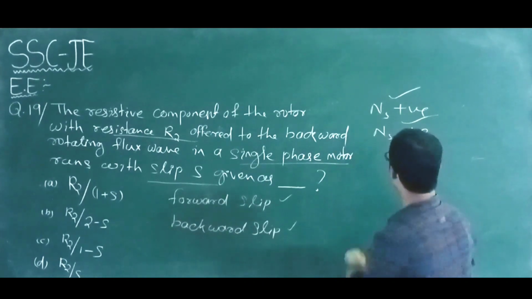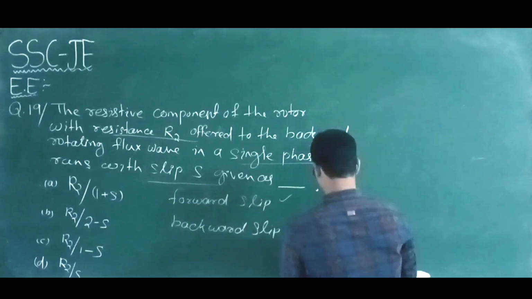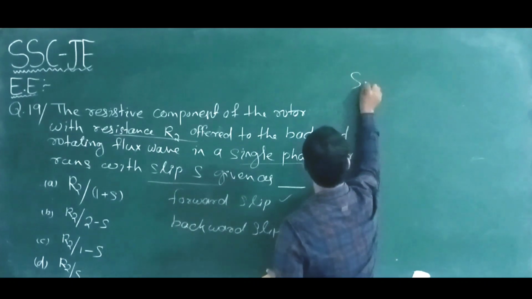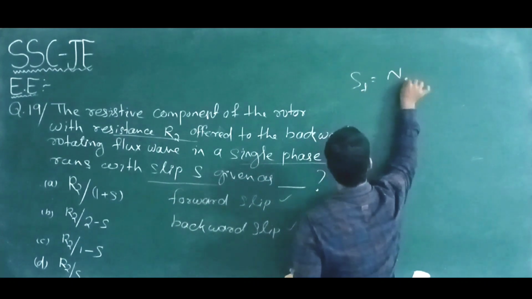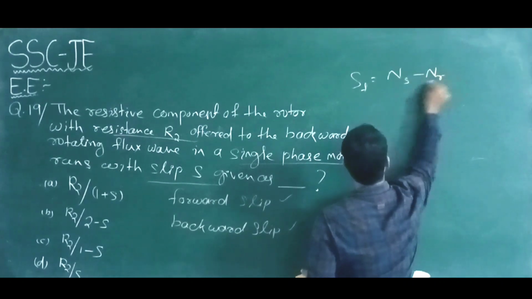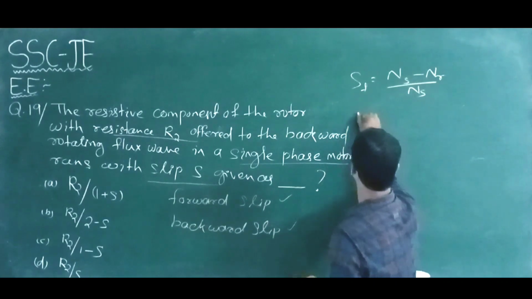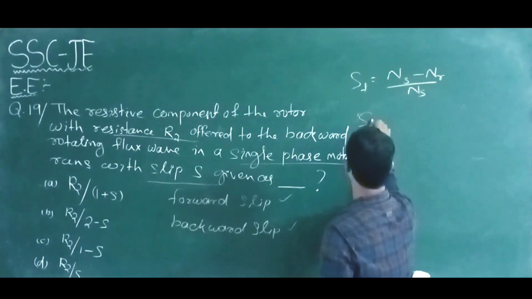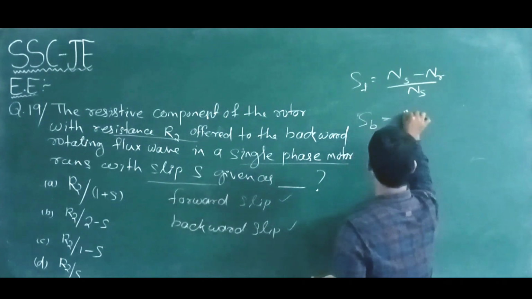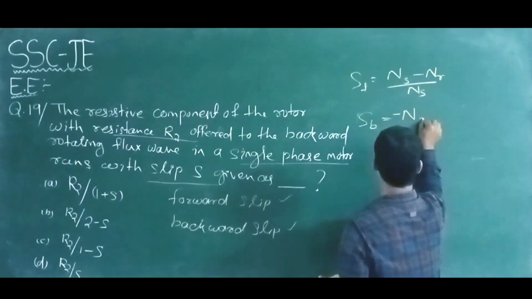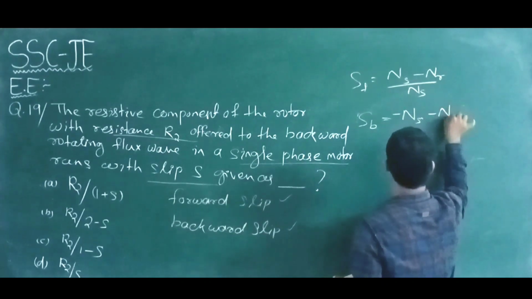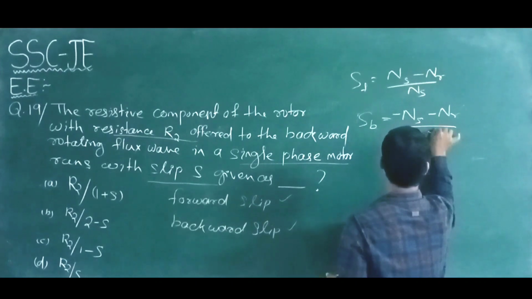So if we consider the forward slip, then SF will be (Ns minus Nr) divided by Ns. And for the backward slip, SB will be minus of (Ns minus Nr) divided by minus of Ns.